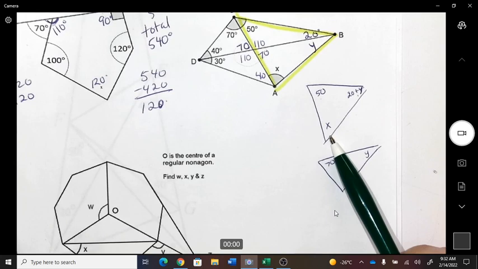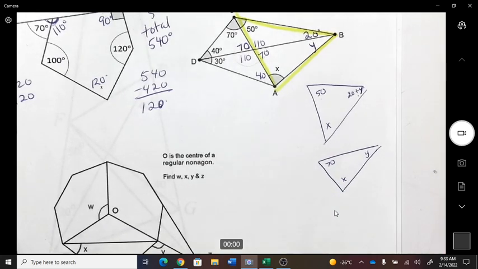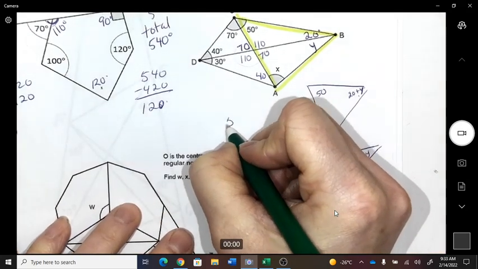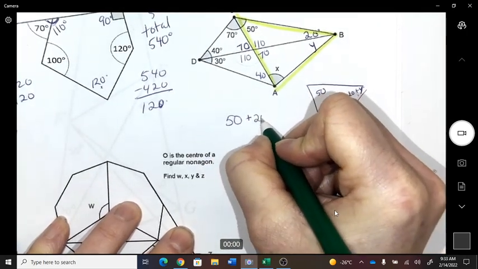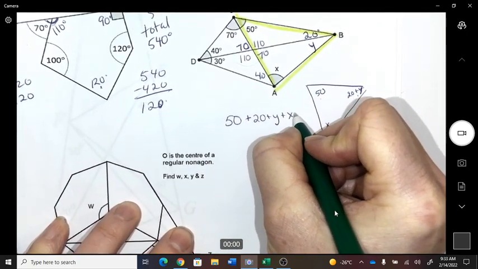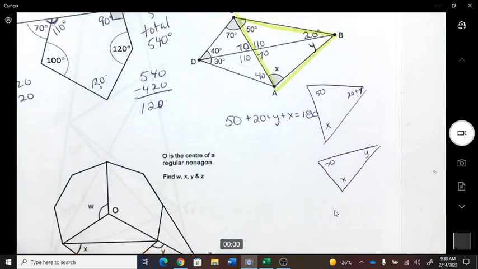And one corner is x. Okay, so I'm going to make a statement here. 50 plus 20 plus y plus x equals 180. Does that make sense? If I add all three angles together, that's 180 in that triangle.